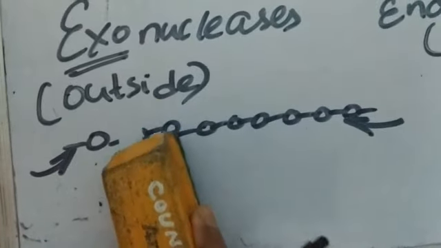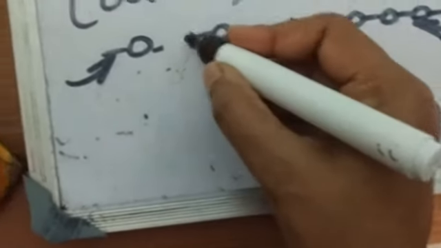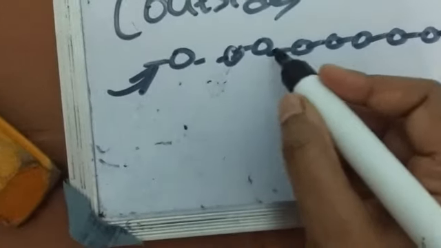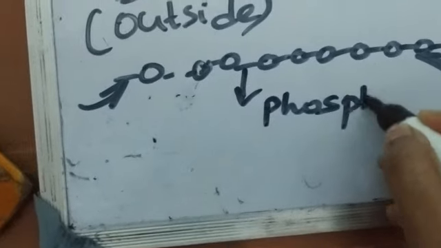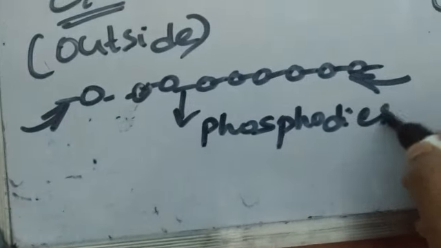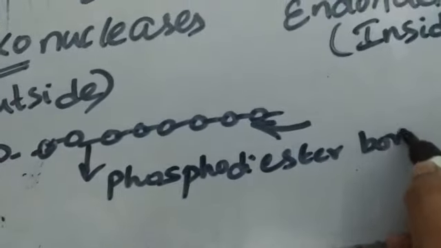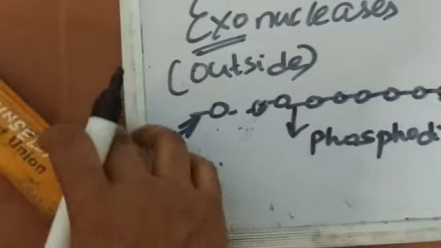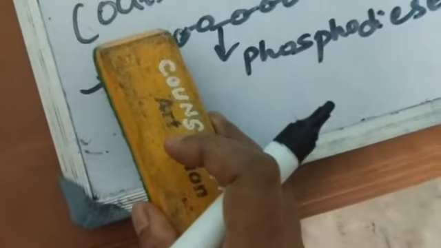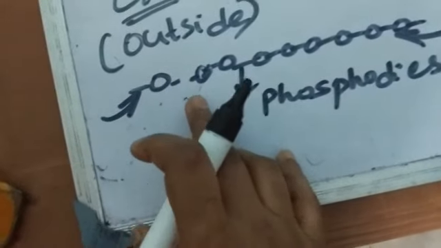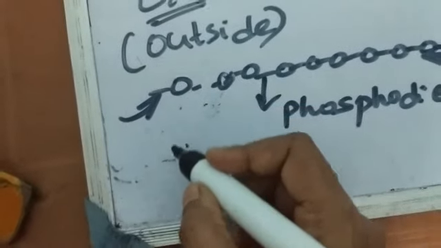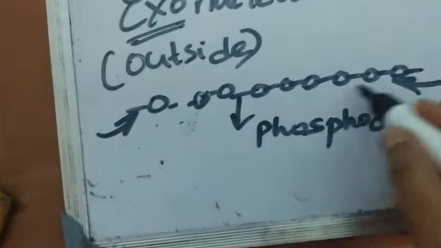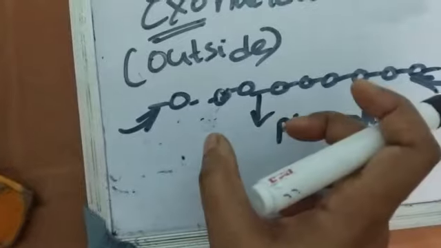They cut the phosphodiester bond. Remember, each of these nucleotides is held together by a bond called the phosphodiester bond. So they simply degrade this phosphodiester bond.